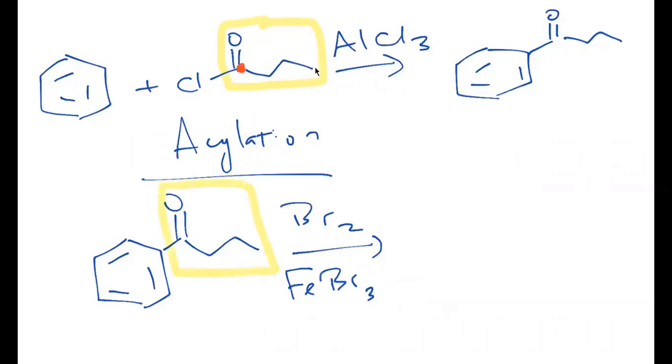But is it substituted with a donor or an acceptor? Is a carbonyl group a donor or an acceptor? Donor. So a donor donates electrons, is that right? Right. Where are the electrons going to come from in the carbonyl? Would it come from that oxygen double bond?